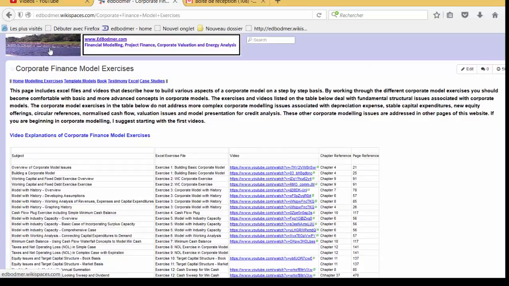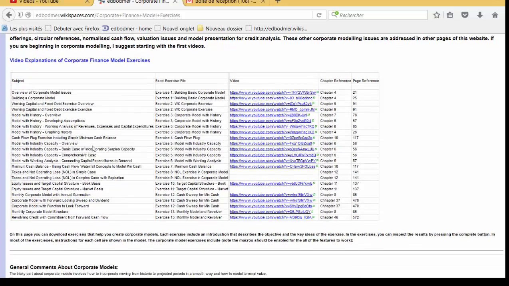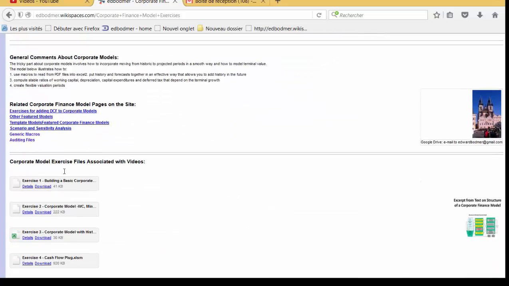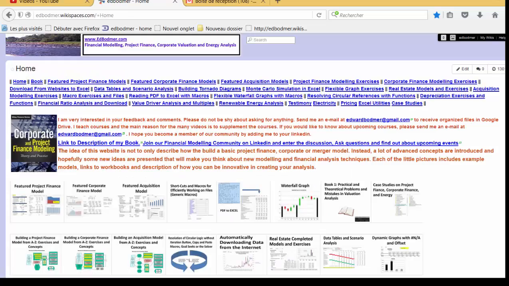So it'll be in corporate model exercises. The videos that assume you're watching will be here, and we'll put this one right up here next to the picture of Prague. Okay, so that's the end of this video.